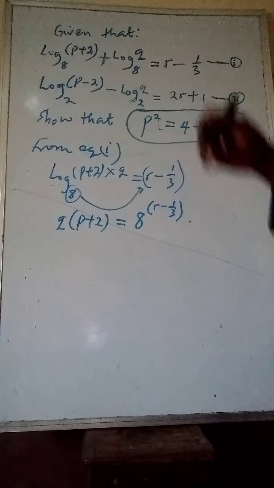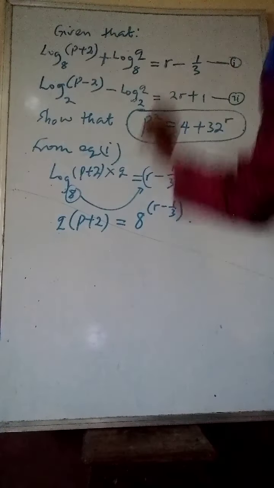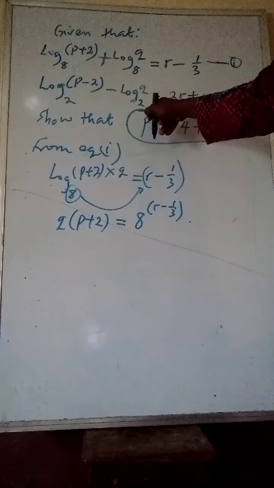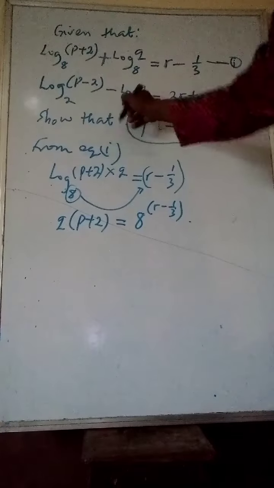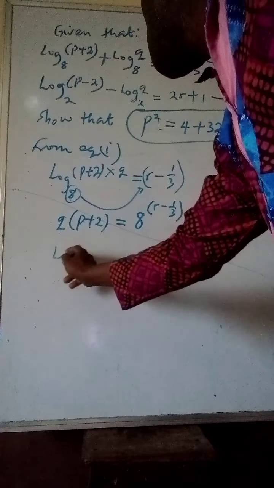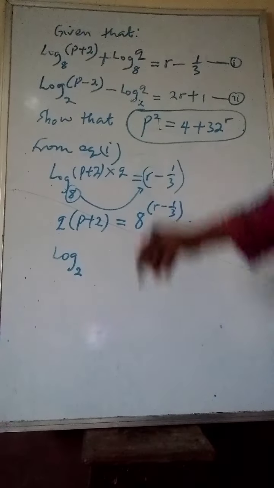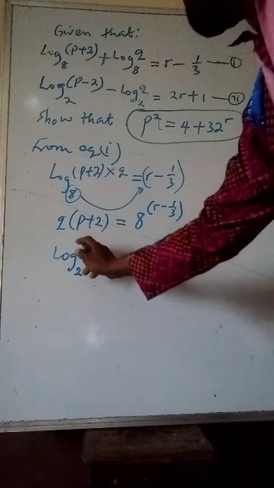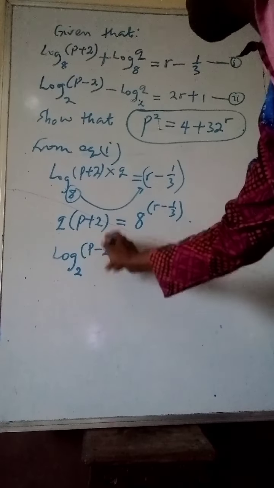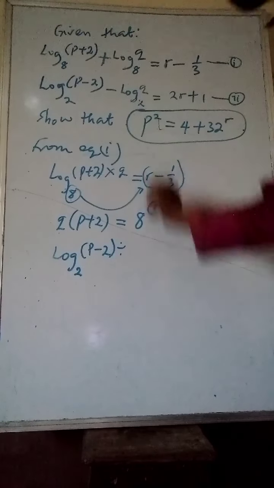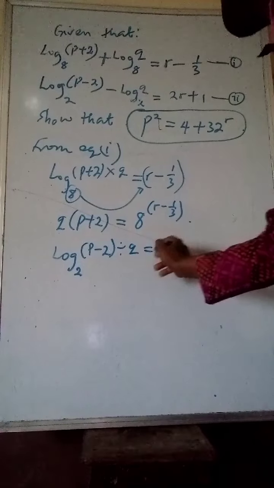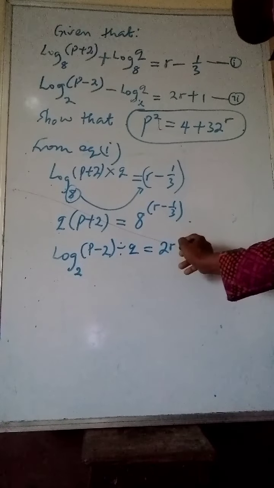Let me do the same to equation 2. In equation 2 also, I will pick one log because they are the same base 2. I'll pick one log and a base of 2. Then the first number here is (p minus 2). This will change to division, and this is q equals 2r plus 1.